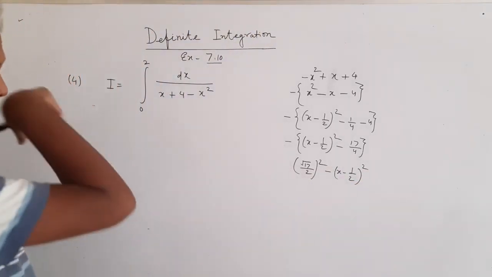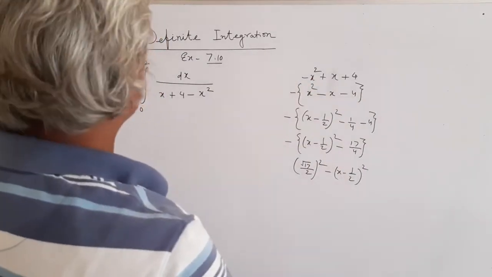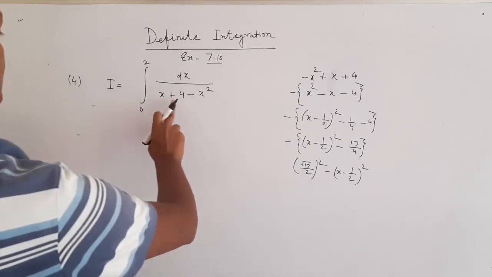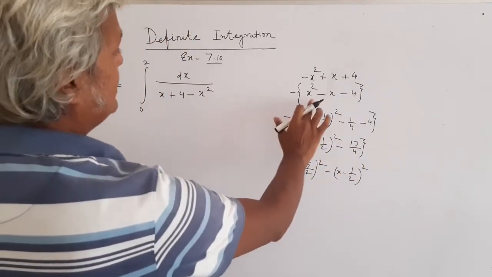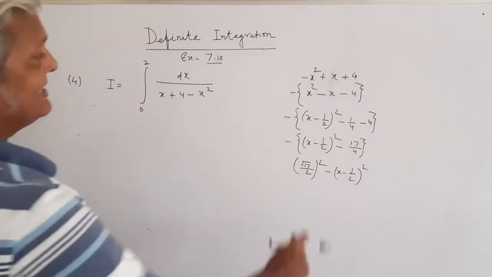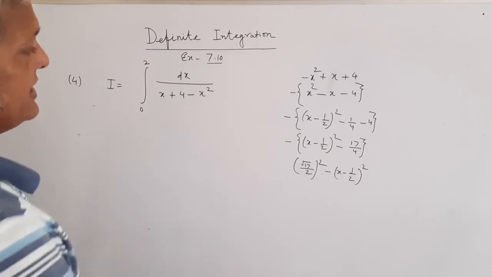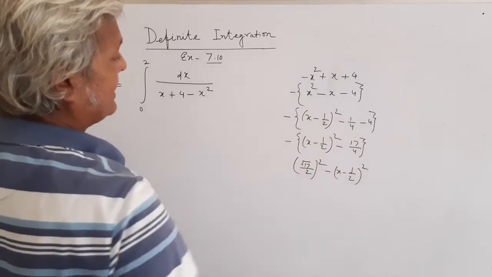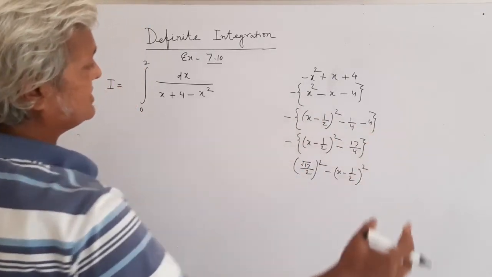So now let me verify one more time whether I have done it correctly or not. Minus x square plus 4 plus x, fine. I took minus common, so this becomes positive, these two become negative, and then I have written x minus half whole square. So this is x minus half whole square, and this minus 1 by 4. And if I expand this, I'll get x square minus x plus 1 by 4. This 1 by 4, 1 by 4 cancel, minus 4 same.